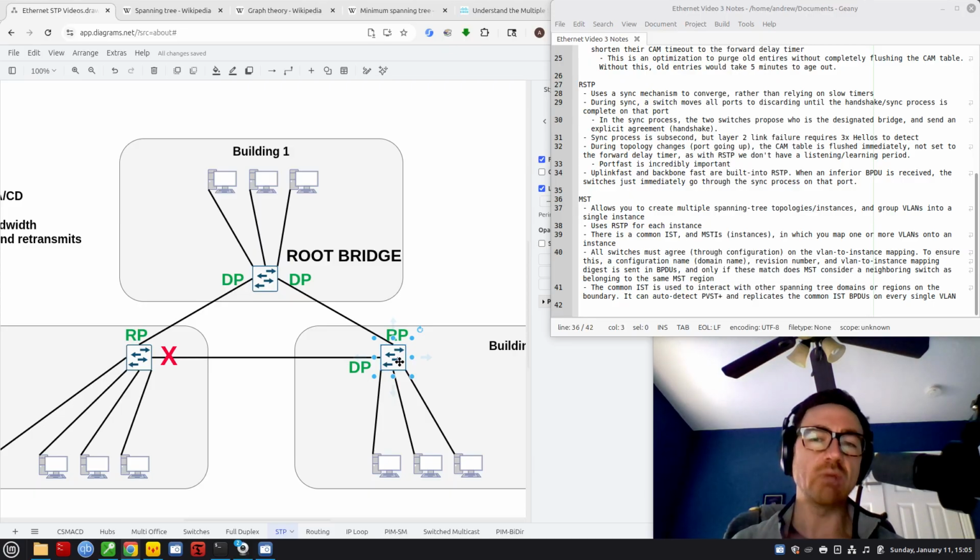It uses rapid spanning tree for each instance, but it's just this way of saying which VLANs you are mapping to which instance. And because there's no control plane protocol for this where one switch advertises the mapping database, you just have to have all switches agree on this. So you have to configure all switches with 3 things.